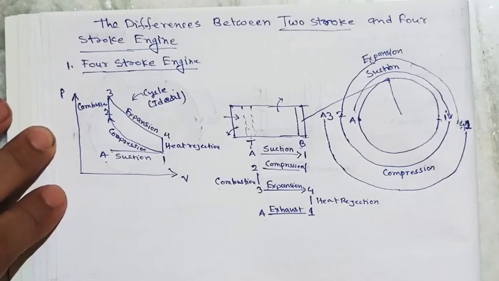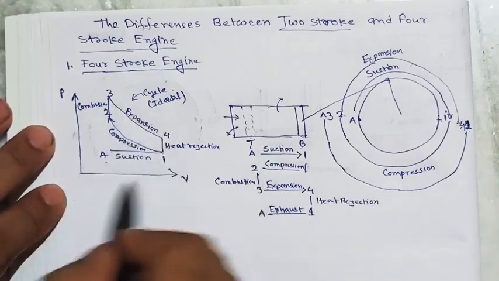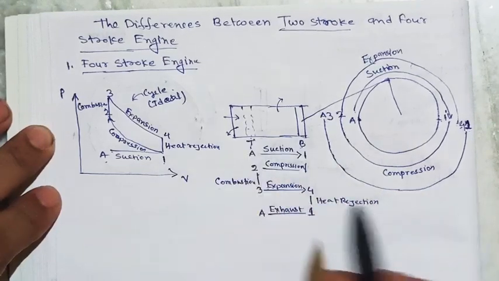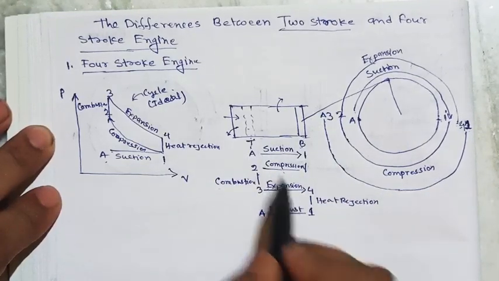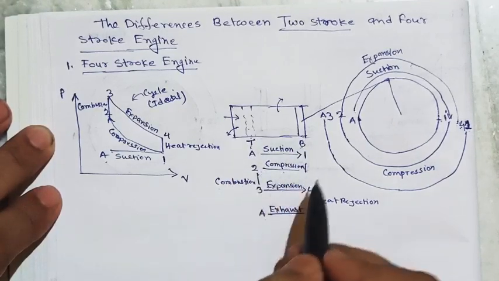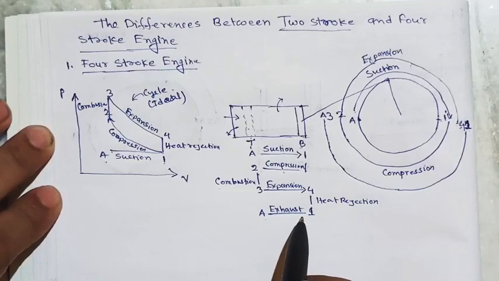Now you can see that to complete this cycle, the piston is moving 4 times: one during the suction process, then the compression process, then the expansion process, and the exhaust process.